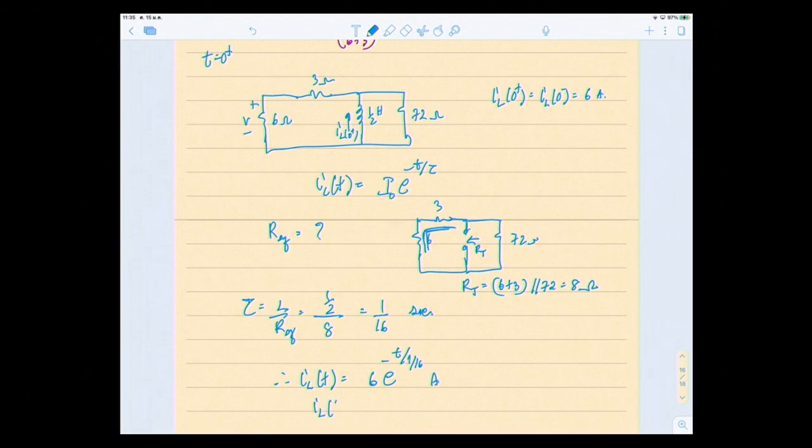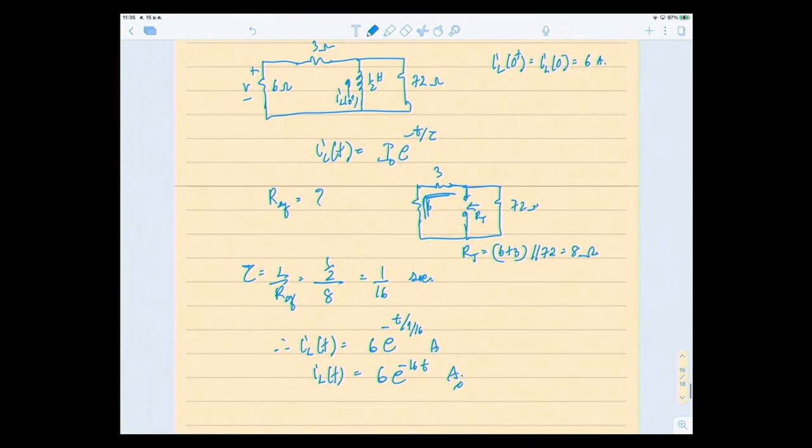So therefore, IL of t is equal to 6 e to the minus 16 t amperes. But that's IL, correct? We want to find V, which is across the 6 ohms right here.